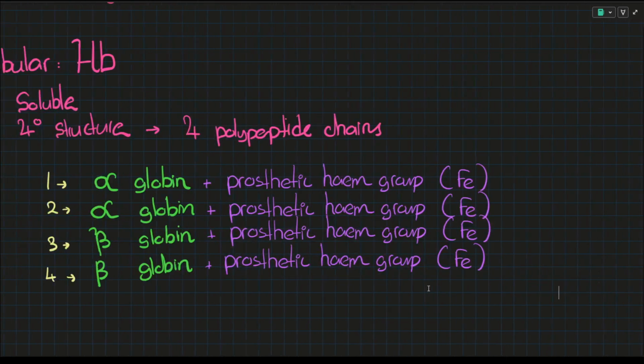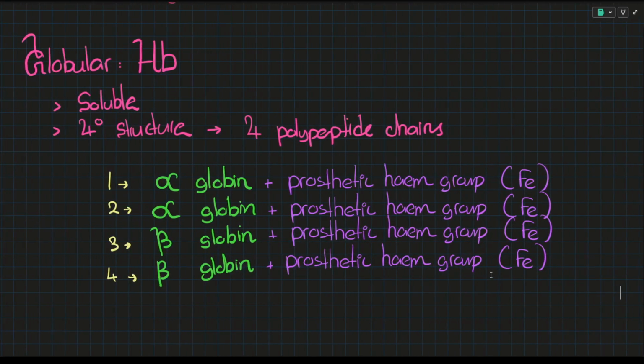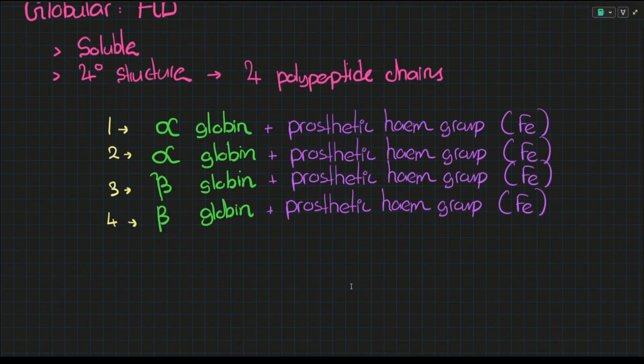Boom. Like so. Alpha globin plus iron, alpha globin plus iron, the third beta globin plus iron, the fourth beta globin plus iron. That's the idea. Why do we have iron though? Can we not just stick to the globins and hope for the best? Yes and no. This is why we have iron.